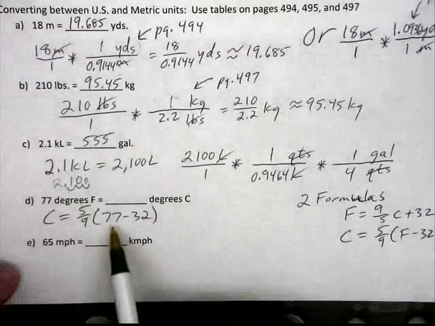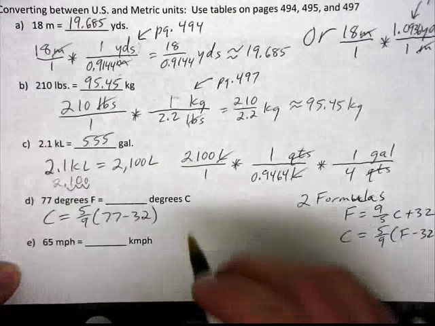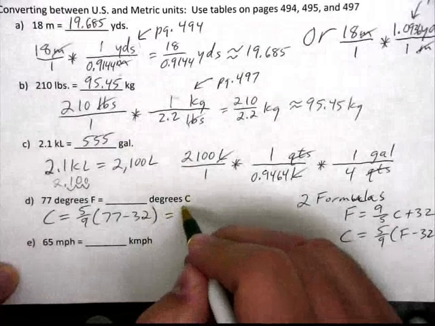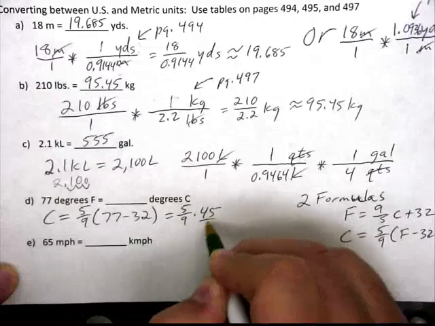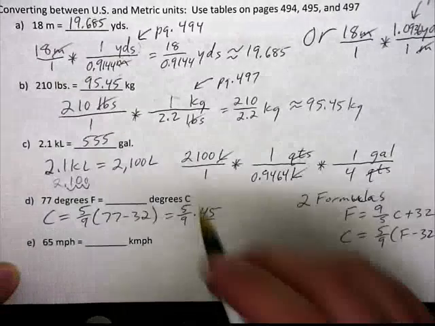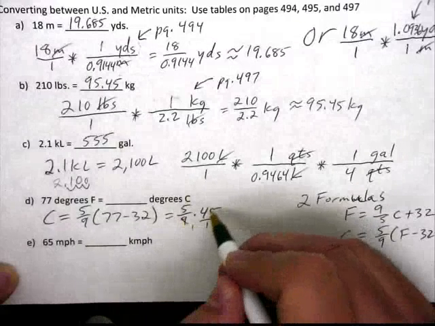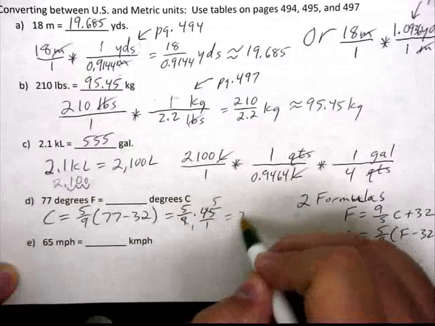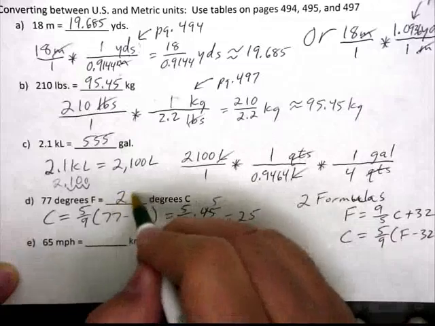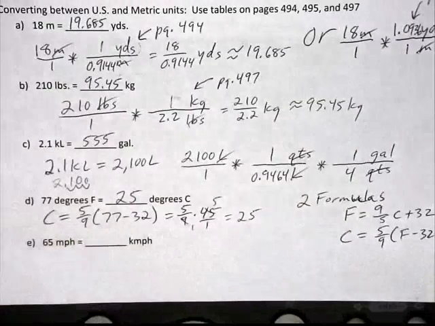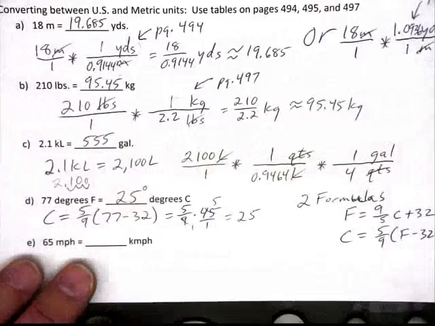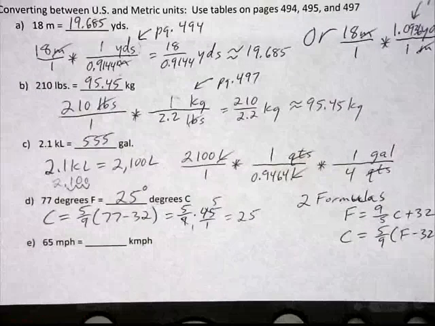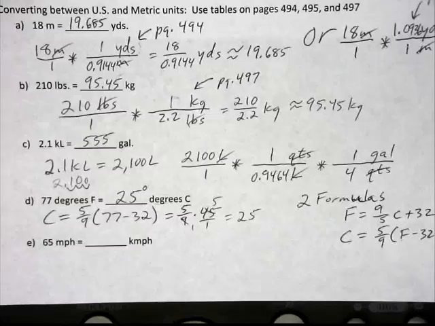And now I'm just going to do my operations there. 77 minus 32 is going to give me 45. And that's over 1. And so I can do a little cross-canceling here. That would be a 1 and a 5. So that gives me 25. So 77 degrees Fahrenheit is 25 degrees Celsius. And typically, instead of writing out degrees, we'll put a little circle up there to show that we've got degrees.